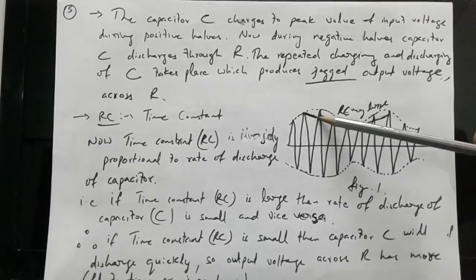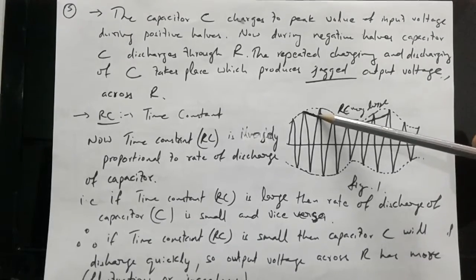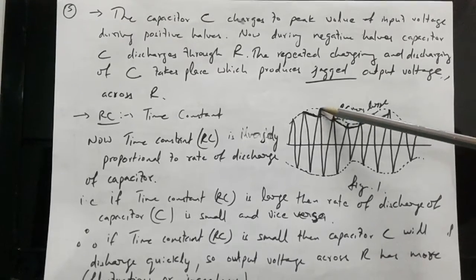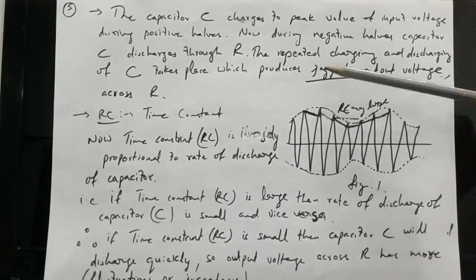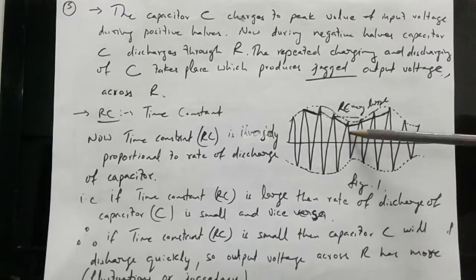At this value, both the capacitor voltage and the AM wave voltage become equal, and again it reaches the maximum. So this process gets repeated.